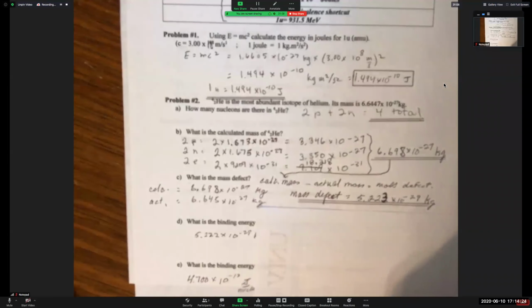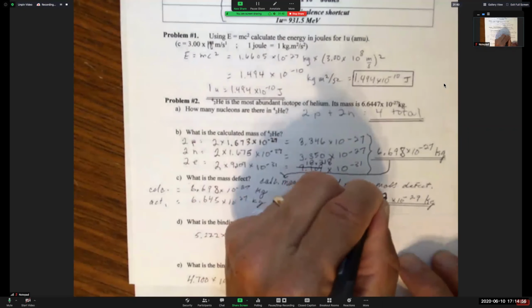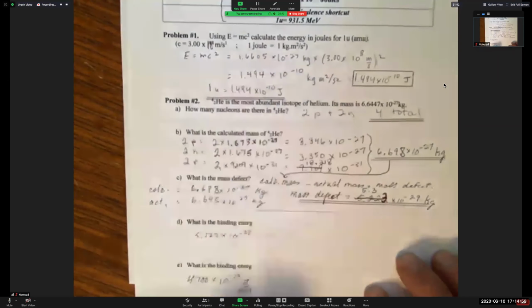So let me see, 6.698 minus 6.645. This comes out to be 5.3 times 10 to the minus 29 kilograms.